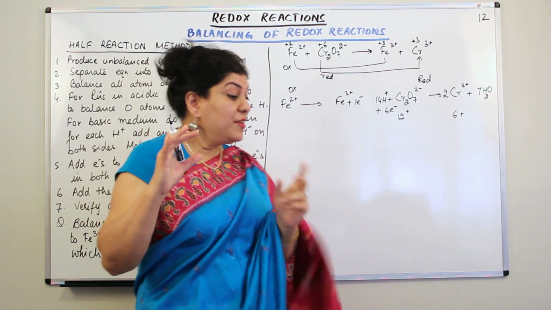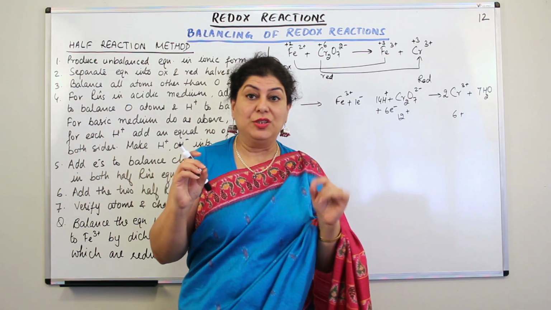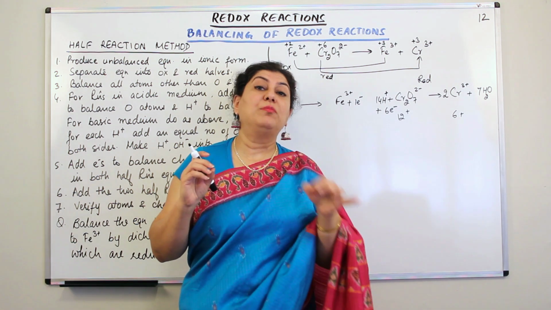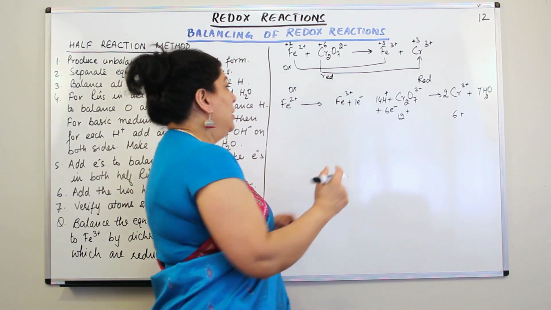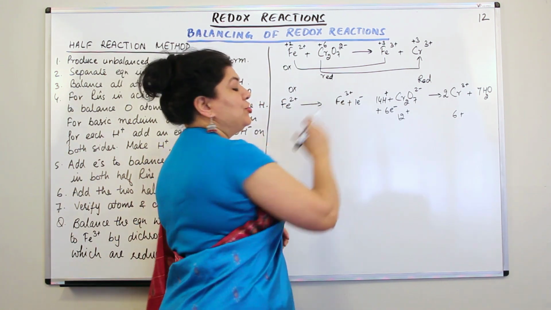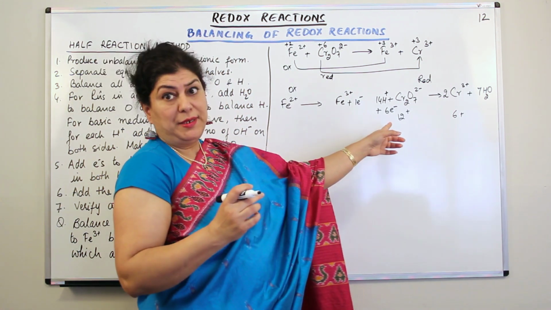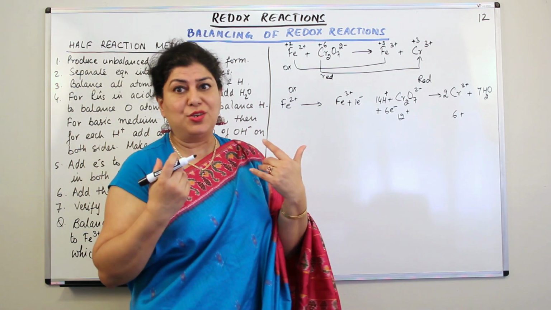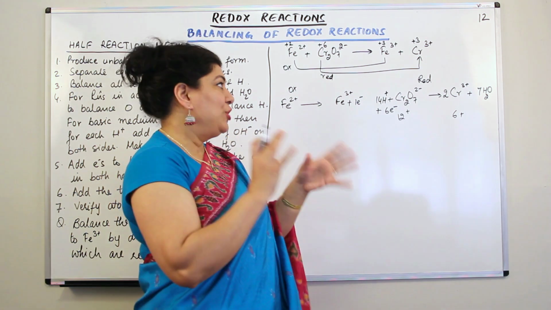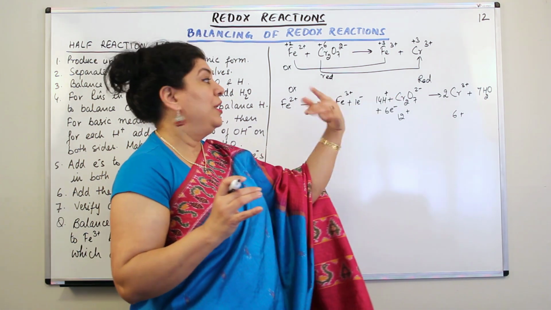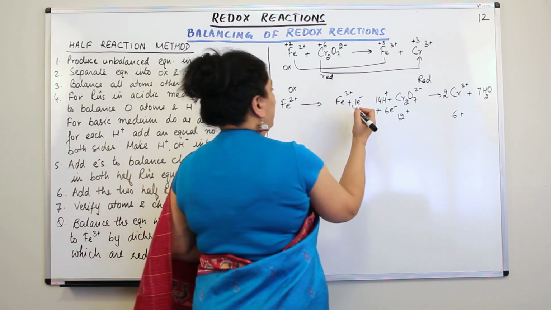But then, what is a redox reaction? In a redox reaction, the number of electrons lost has always got to be equal to the number of electrons gained. So the number of electrons in both the equations should be equal. In oxidation, 1 electron was lost, but in reduction, 6 electrons were gained, which is not possible. So in order to make them equal, I will have to multiply this entire equation by 6.